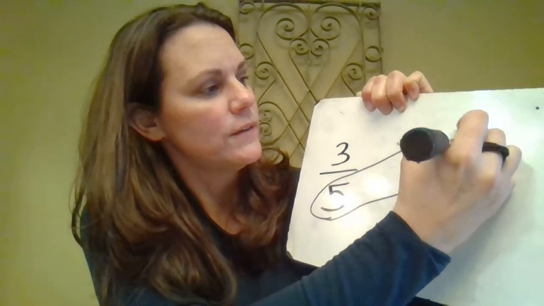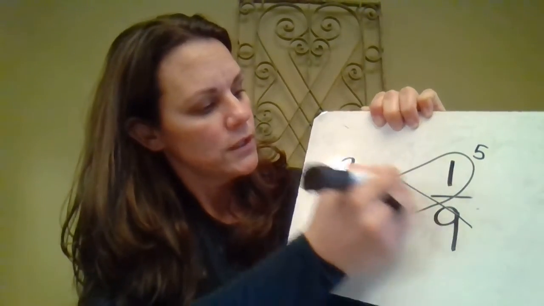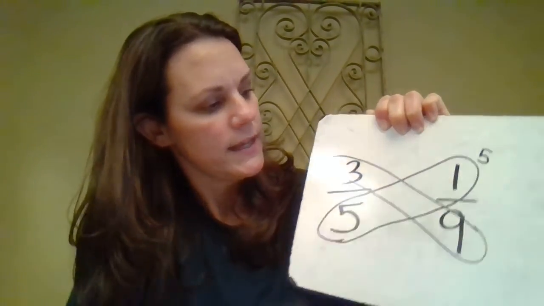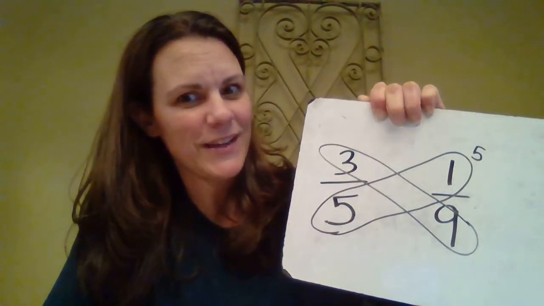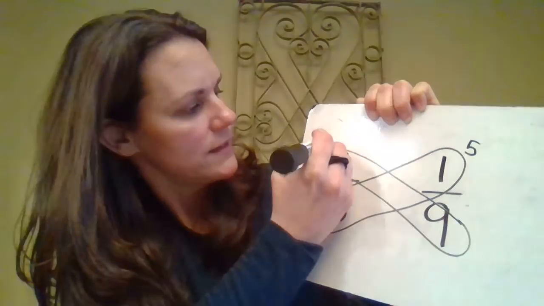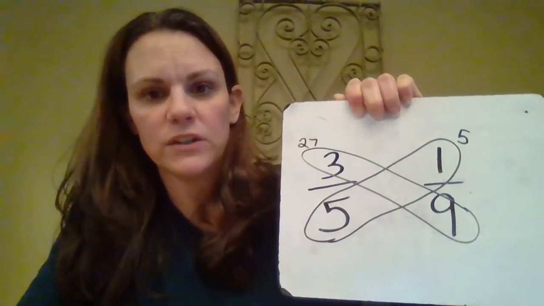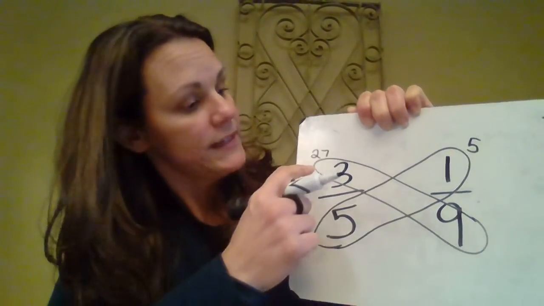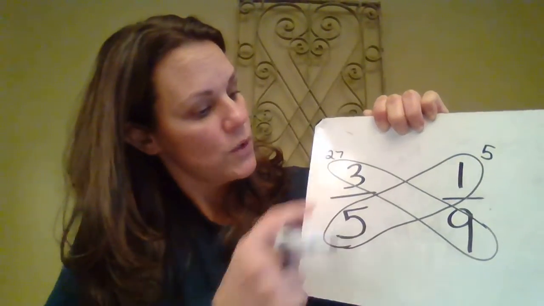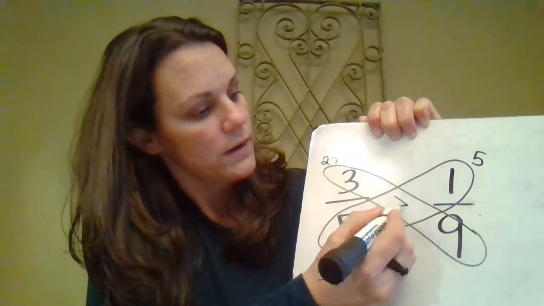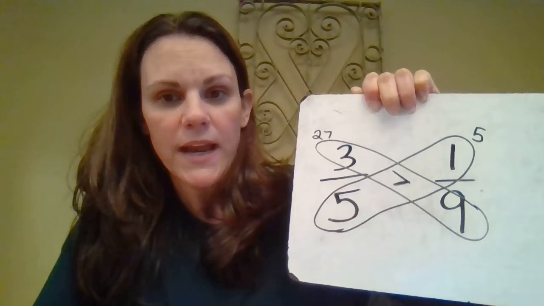We put it up here. And then we cross the other way. 9 times 3, you know that one? 27. We put it up there. Always put what we've multiplied up next to the numerators. 27 is way more than 5, so 3/5 is way more than 1/9.